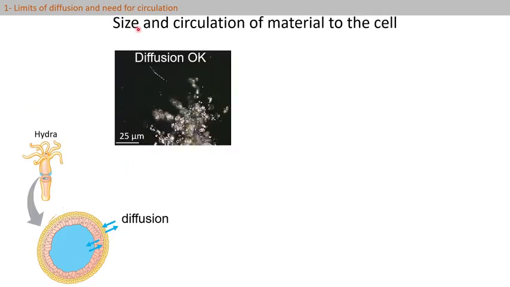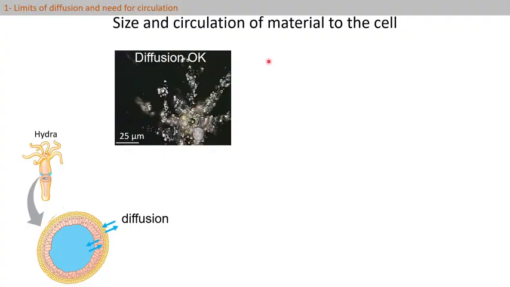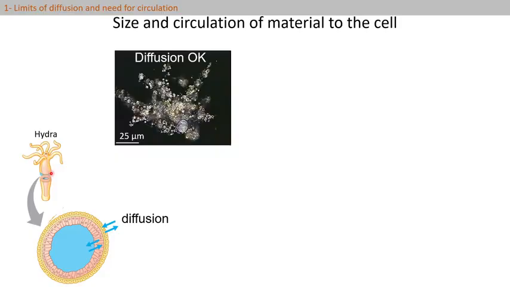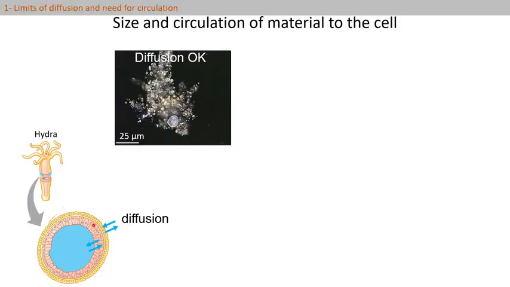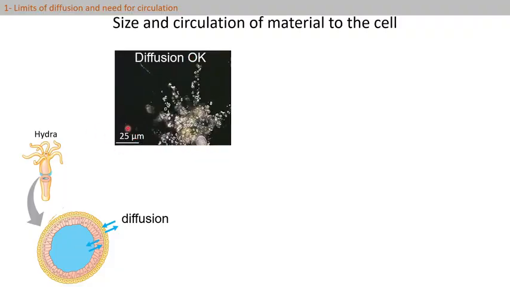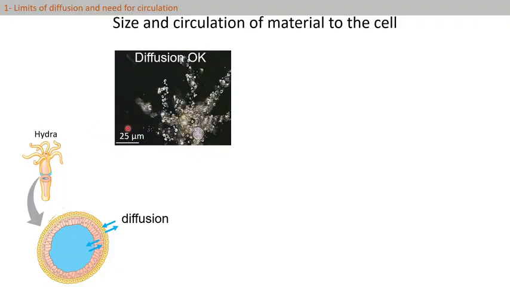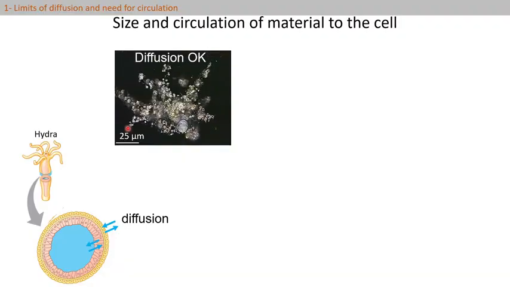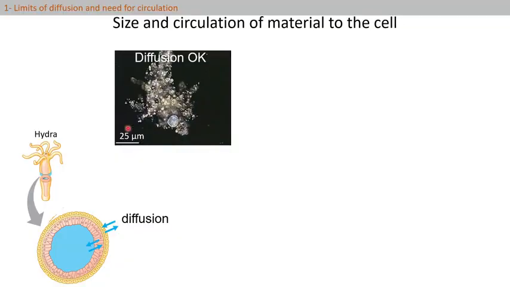So size matters a lot in terms of what type of system of transport you can use. If you're considering a hydra, like here, you have what? 2 rows of cells, essentially. The scale you can see here, it's like 25 microns. Diffusion is okay. Relying on diffusion is no problem. And most molecules will be able to diffuse in all cells fine.